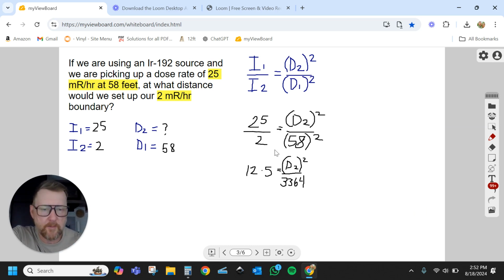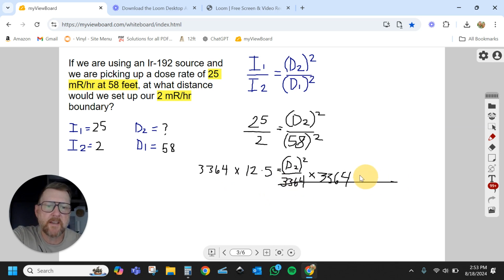We still need to get this D2 completely by itself, so we got to get rid of this. If it's divided by 3364, we just take times 3364, both sides. This cancels itself out.